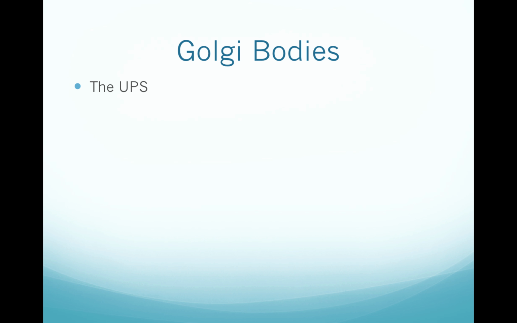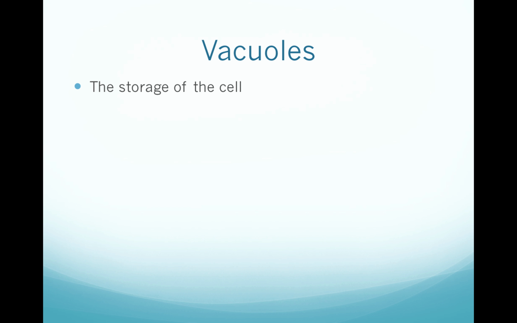The Golgi body is the UPS, because they deliver everything around the cell in their vesicles. And that's about it for the Golgi bodies.